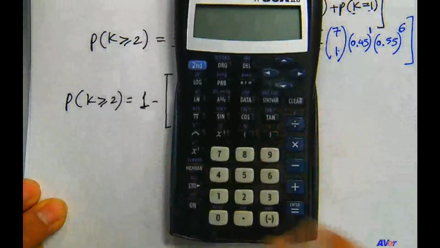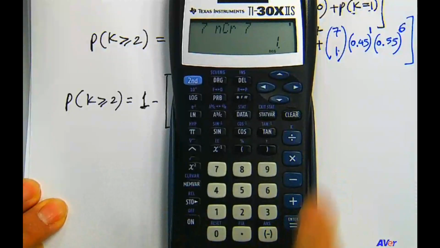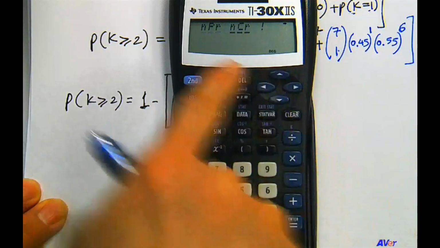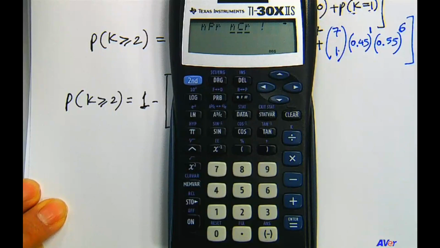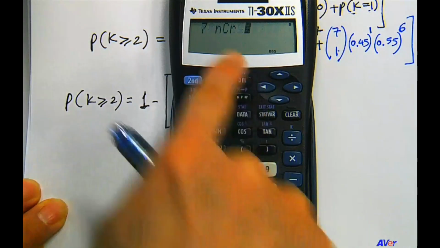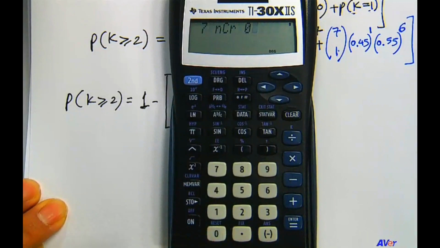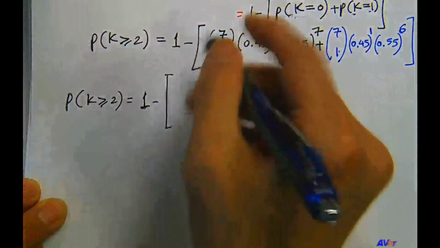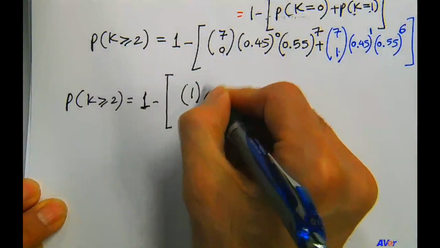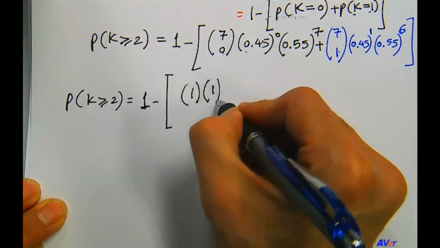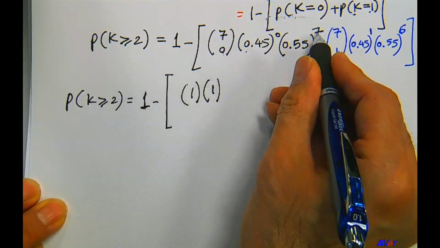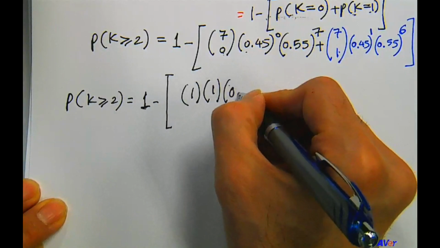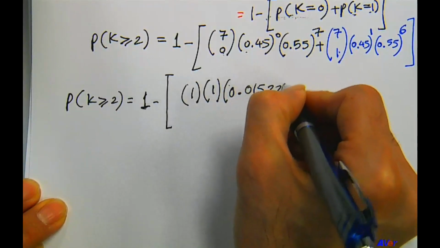Can we show it? Sure. Type 7, press the PRB button, use the arrow key to scroll over to nCr, which is the combination, hit enter to pick it, and then enter 0 and press enter. 7 choose 0 is 1. Anything to the 0 power is also 1. 0.55 to the 7th power, if we calculate that, we get 0.015224.